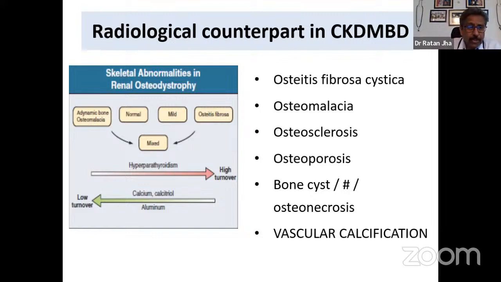So low turnover bone disease could be adynamic bone disease and osteomalacia, and high turnover bone disease could be osteitis fibrosa cystica. Normally in a patient with late stage chronic kidney disease, we have a mixed pattern of both high turnover as well as low turnover bone disease. That is called mixed uremic osteodystrophy.